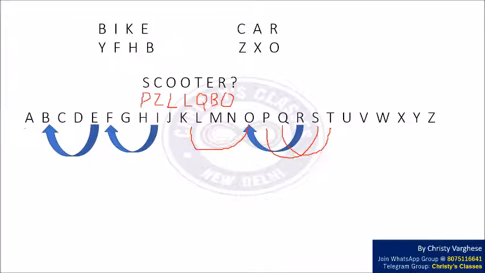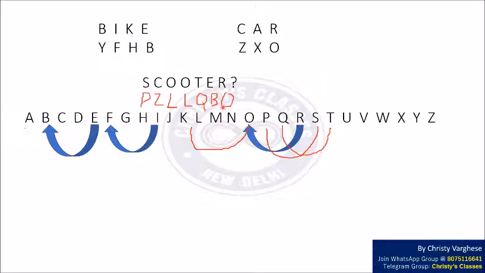There is also another easier way to find the coding of scooter. When we consider the last two letters of scooter, that is E and R, we can see that E is coded to B in bike and R is coded to O in car. So, the last two letters of scooter are coded to BO.